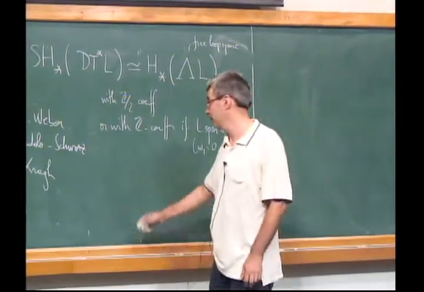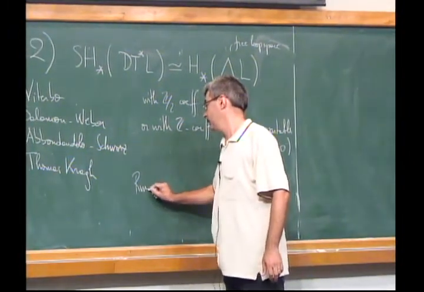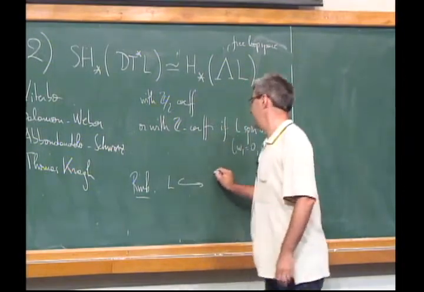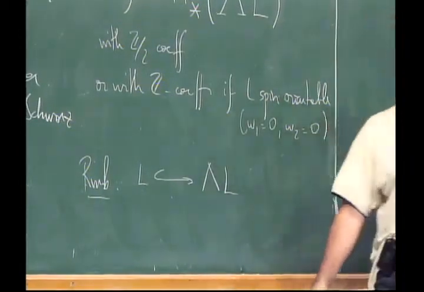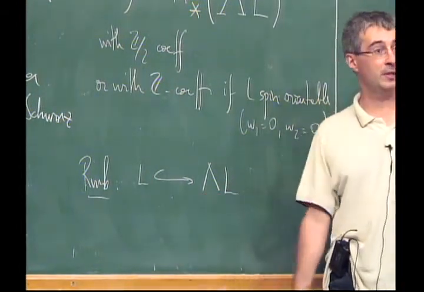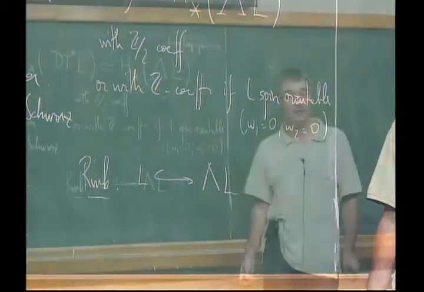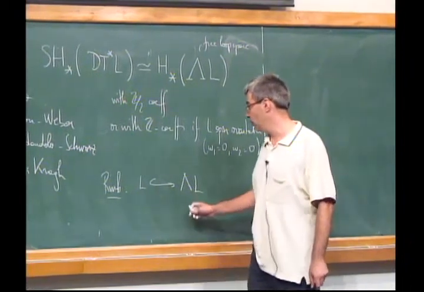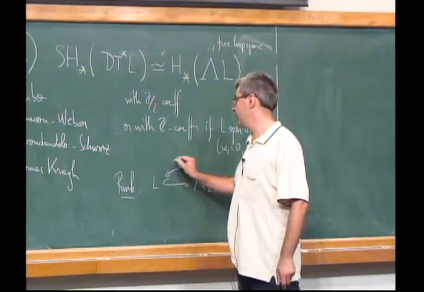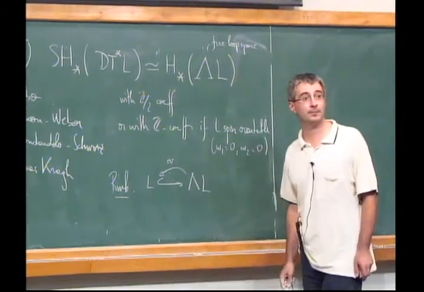Of course, the free loop space receives the manifold itself by the embedding of constant loops. Every point in the manifold is sent to the constant loop that it represents. And this embedding, of course, has a right inverse, which is evaluation, right?